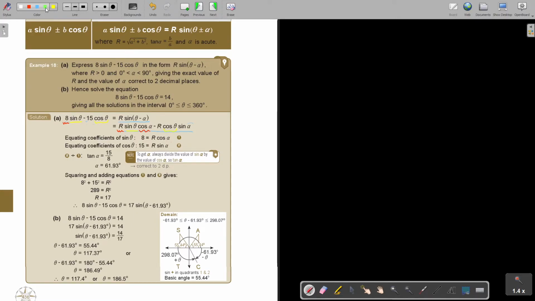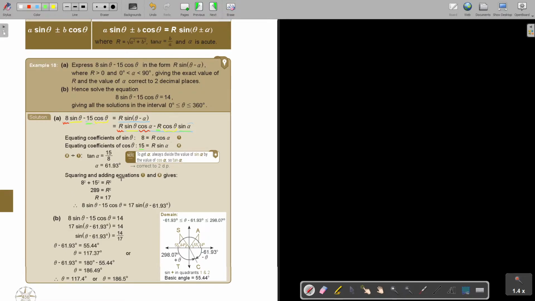So I can say then that 15 is equal to r sin alpha. Okay, and then I divide the equation, 2 divide 1, because I want to get tan, and there I get my angle. That's my acute angle, alpha, 61.93, as they said, 2 decimal places. But I'm not done.